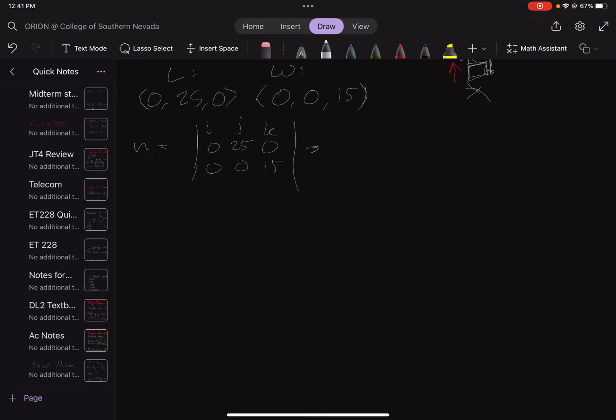What we come up with is I, J, K. These both go to 0, and then the I becomes 25 times 15, which is 375 by itself.